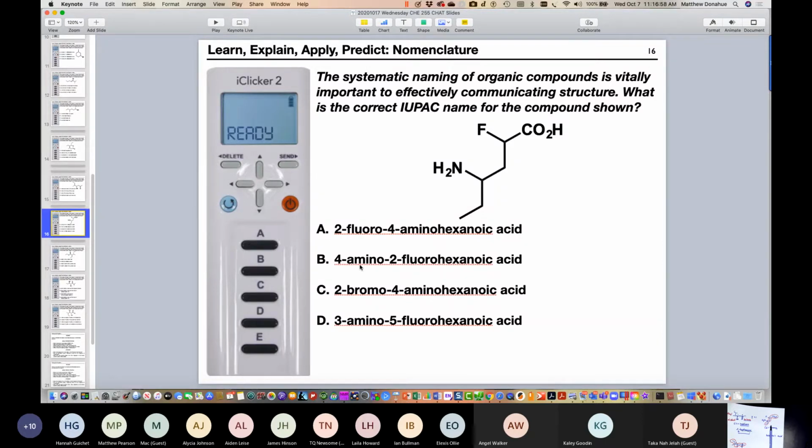So don't be fooled by choice A, where 2 is the lower number, 2 fluoro, 4 amino hexanoic acid. This is wrong because the nomenclature rules state you have to list the substituents in alphabetical order. So are we good with acids?